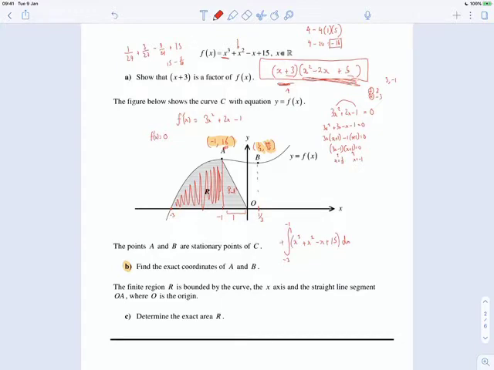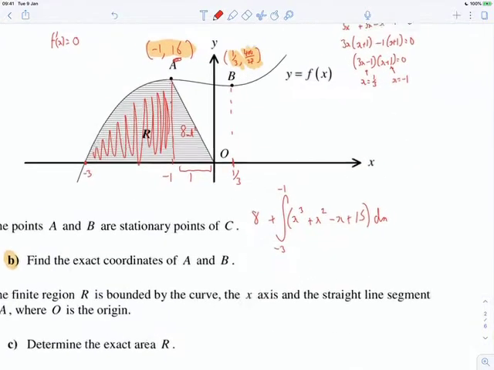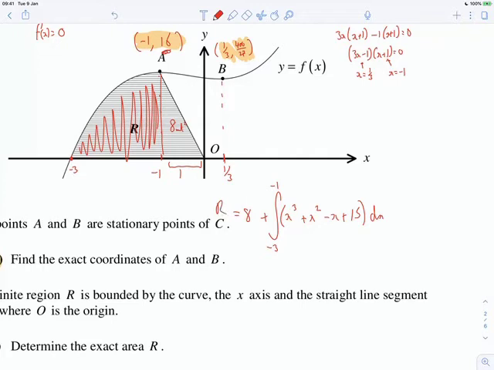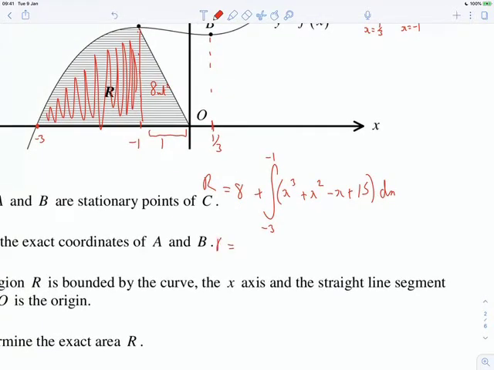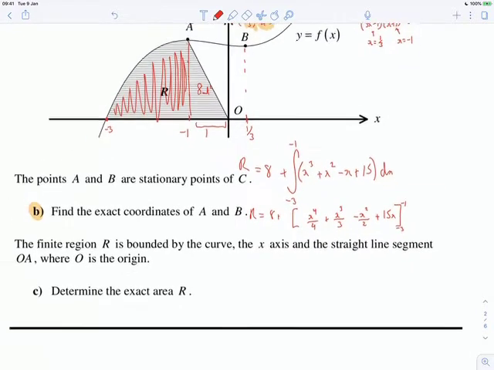And then whatever that number is, I add 8, and that will be my region R. So R is 8 plus, let's integrate this. x cubed becomes x to the 4 over 4, add 1 to the power, divide by the new power. x squared becomes x cubed over 3, minus x becomes minus x squared over 2, and 15 just becomes 15x over 1, which is just 15x. This needs to be evaluated between minus 3 and minus 1.